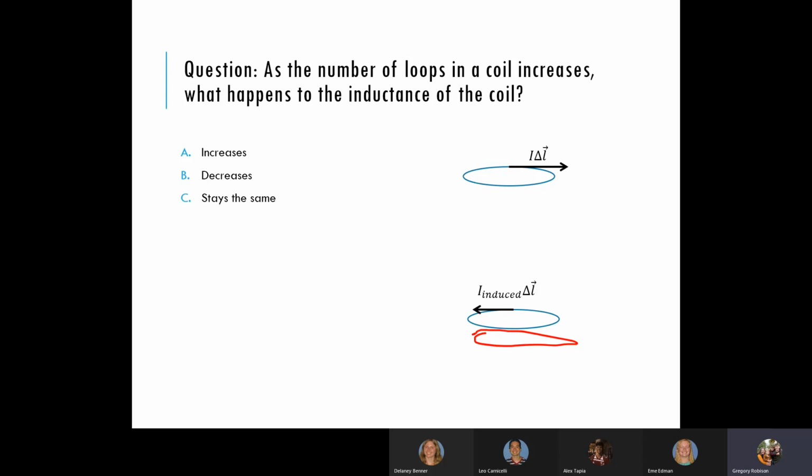If I make the area bigger, the amount of magnetic field lines that pass through the coil gets increased, which means I have a higher flux, which means I'm going to have a higher back EMF, which means I'm going to have a higher inductance. Okay. Inductance doesn't want that current to flow. So if I increase the area, I'm also going to get a higher inductance.